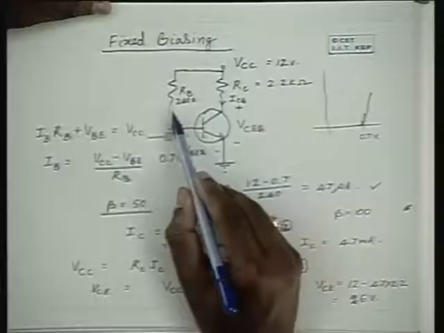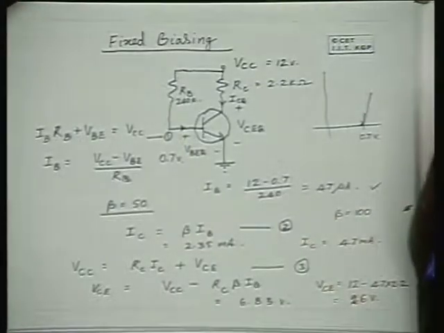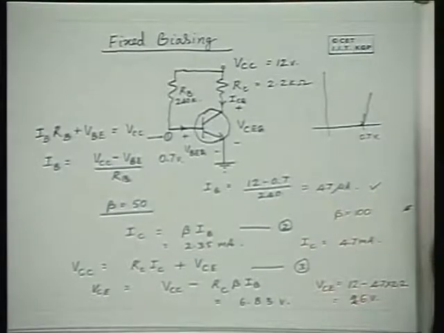There is another disadvantage. When temperature rises, the quiescent point shifts. What happens is, when temperature rises, we know that IC naught rises. IC naught gets doubled for every 10 degrees rise in temperature.